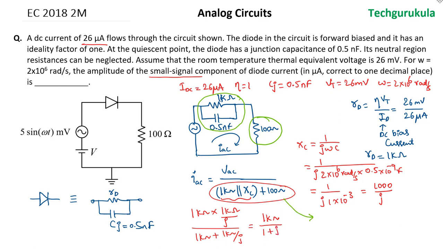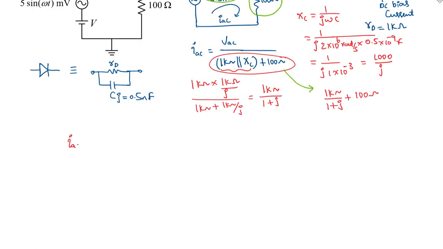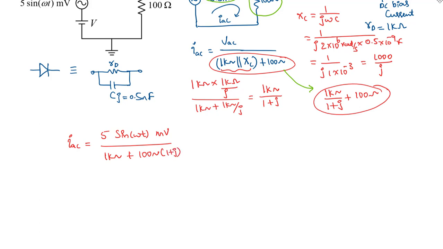Now this entire quantity can be written as 1 kilo ohm divided by 1 plus j, plus 100 ohms. Now let's write what is IAC, which is equal to VAC, 5 sin omega t millivolts, divided by, we have this value, that is 1 kilo ohm plus 100 ohms times 1 plus j, and in the numerator we have 1 plus j.